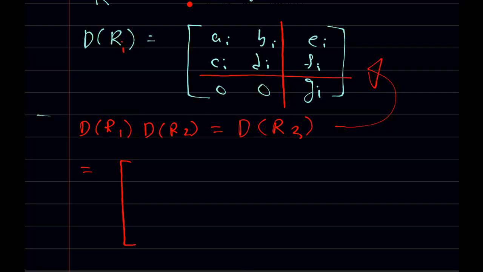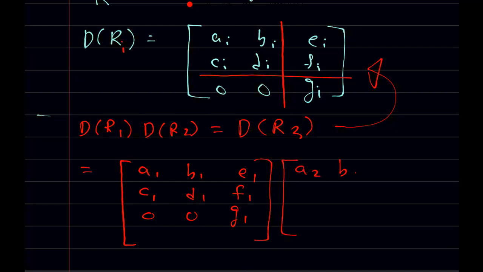So when you do this multiplication, you take a 3 cross 3 matrix and another 3 cross 3 matrix and multiply them. Let me write it then. If you use A1, B1, E1, C1, D1, F1, 0, 0, G1, and then multiply with A2, B2, E2, C2, D2, F2, 0, 0, G2, let's see what we get.